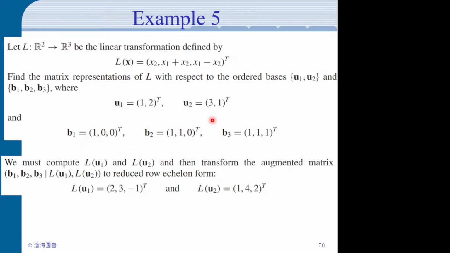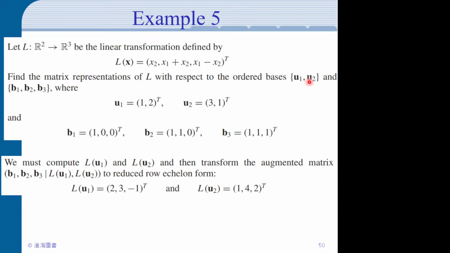But now in this example, we are given our linear transformation in terms of standard basis. This is in a form that we have seen quite a few times before. So you have some x1, x2 in R2, and you change to R3 and it equals these three linear terms: x2, x1 plus x2, and x1 minus x2.